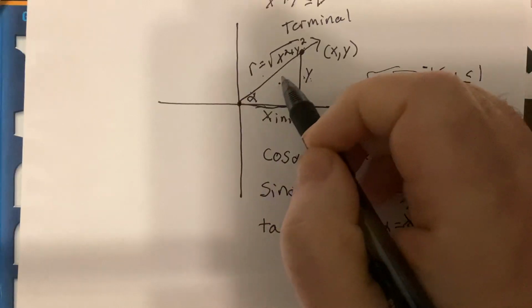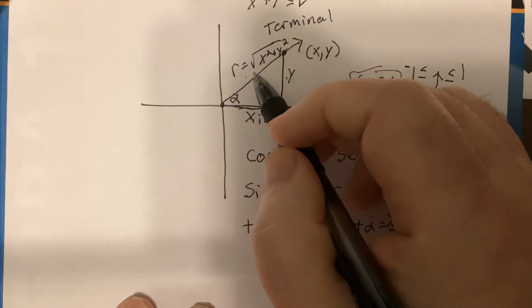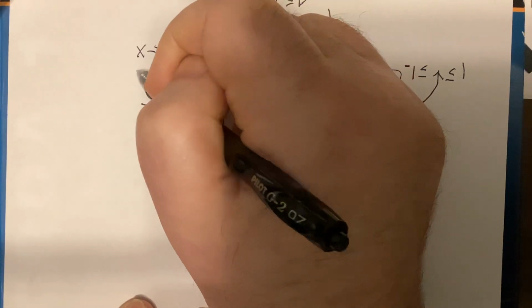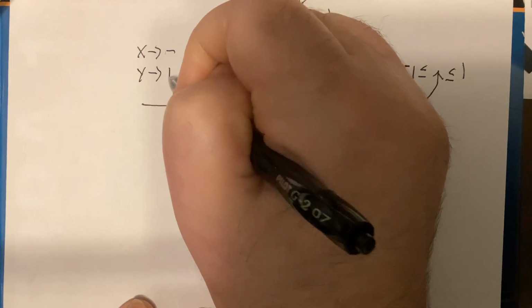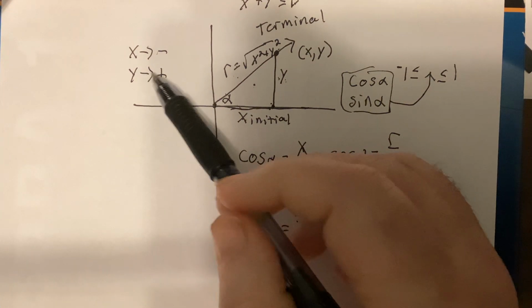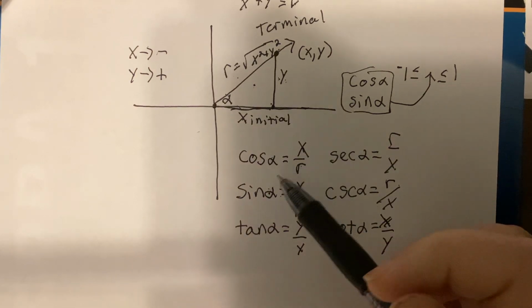Now, all the trig functions are positive in the first quadrant. That is because x and y are both positive. r is always positive. In the second quadrant, x is negative, but y is positive. So any function that has y and r, because r is always positive, that would have to be positive.